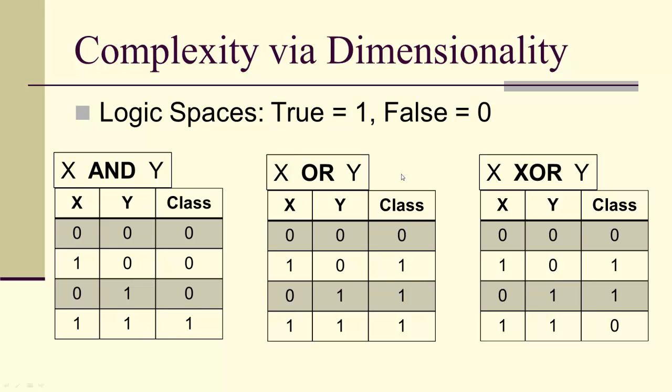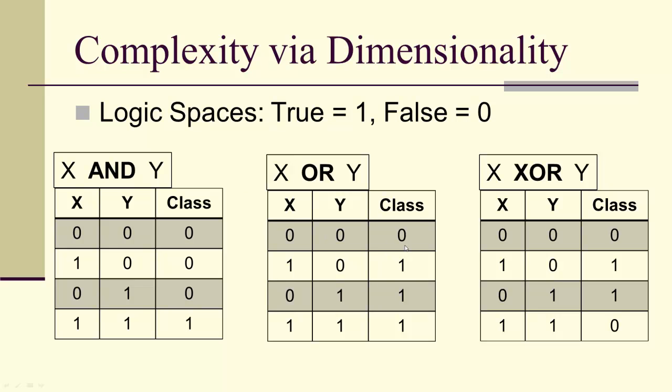The OR data set is similar. False or false is false, but now if I say a dog has 4 legs or there are 8 days in a week, that statement is true because one of them was true.